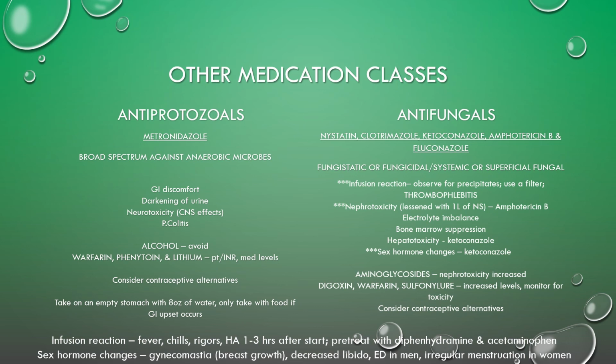These are treating a fungus. So these are fungistatic or fungicidal. So again, the stasis versus cidal. And can be systemic or superficial antifungal medication. These can have infusion reactions just like others.